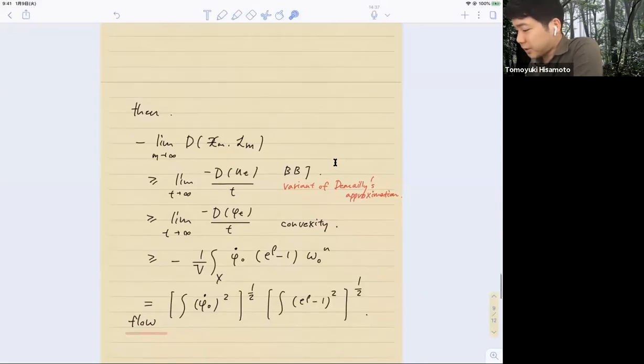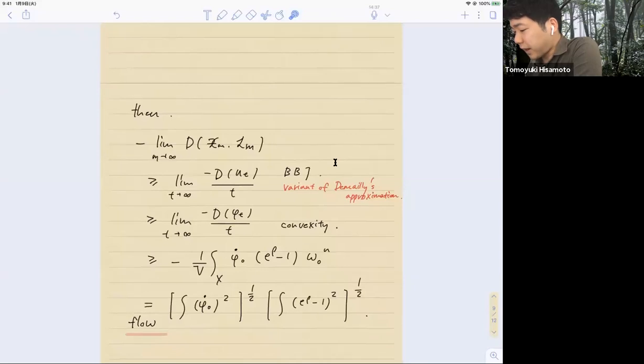And actually, we can understand that this is somehow a consequence of a variant of Demailly's approximation theorem.